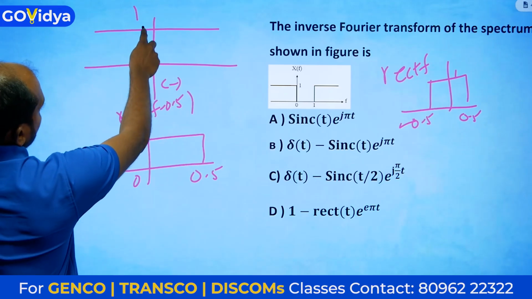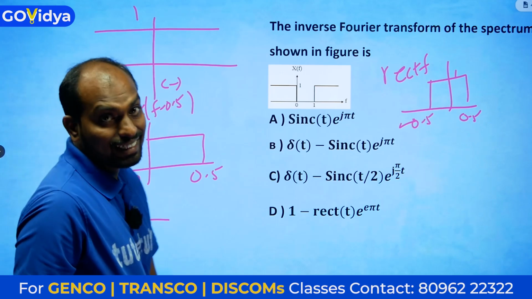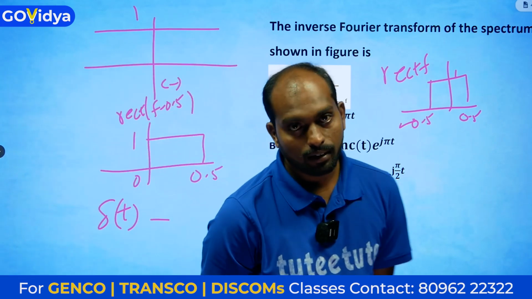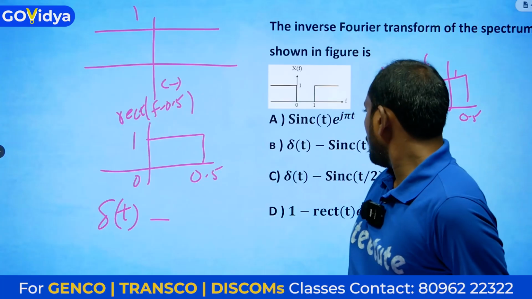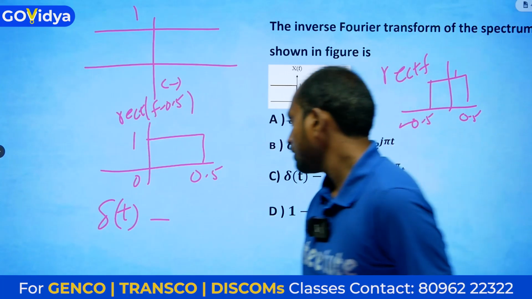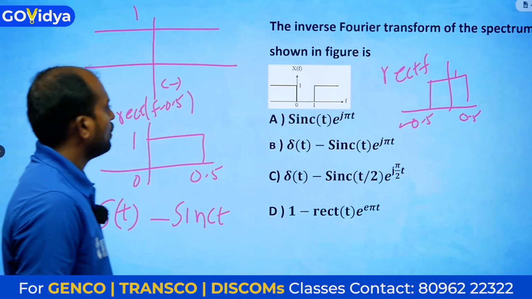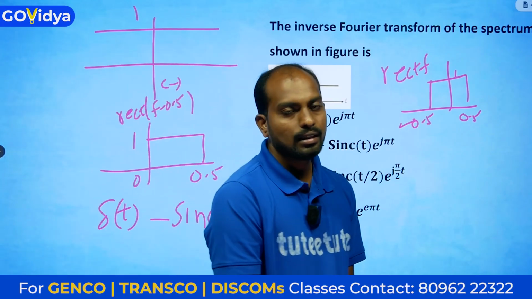What is the inverse Fourier transform of 1? It is nothing but delta of t. The inverse Fourier transform of rect f is nothing but sinc t.